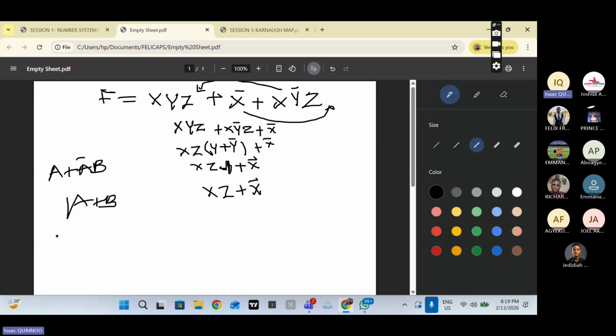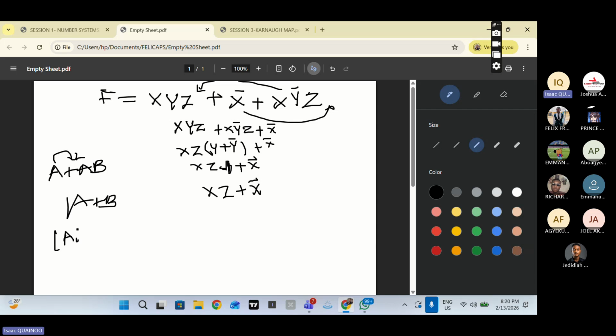So to expand this, we said that you take A, that is this A, times your A bar.